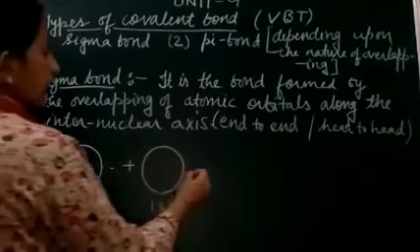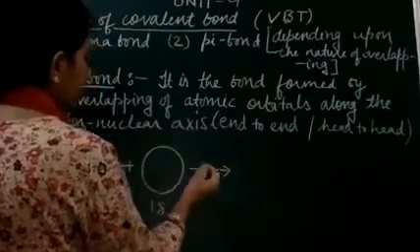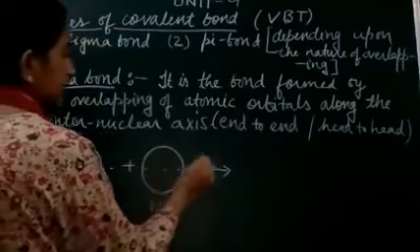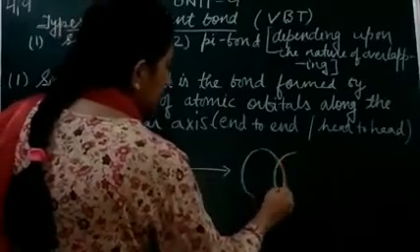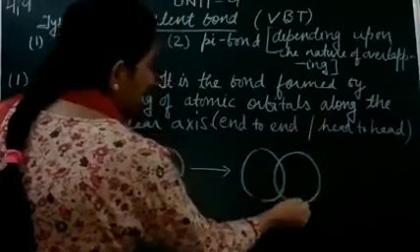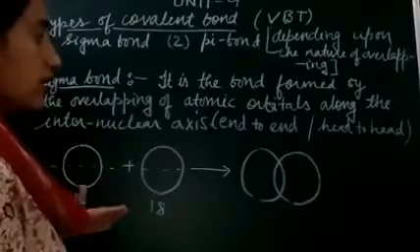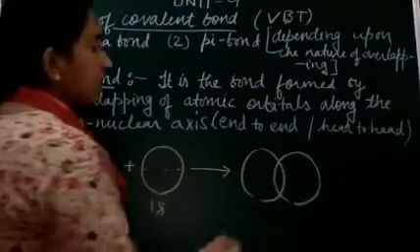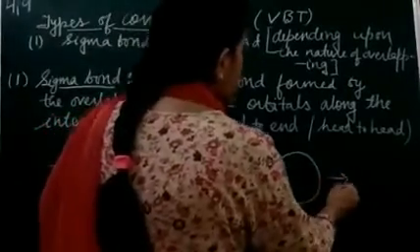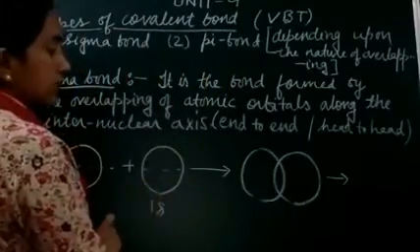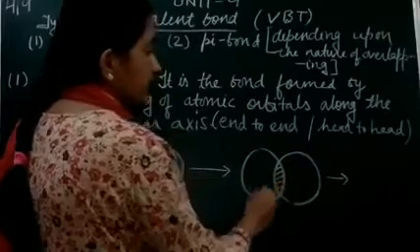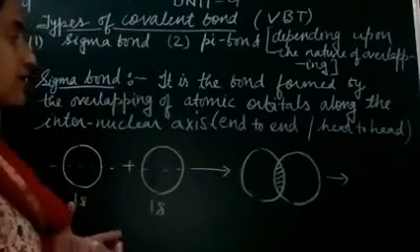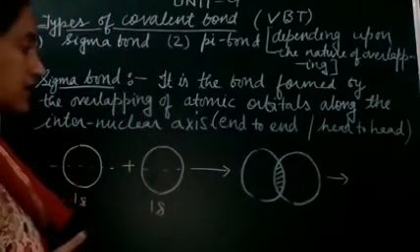So there will be head-to-head overlapping, and this head-to-head overlapping is taking place along the internuclear axis, right? Now students, these are the atomic orbitals, and this is the overlapping region, that is the penetrating region of the two atomic orbitals, right?